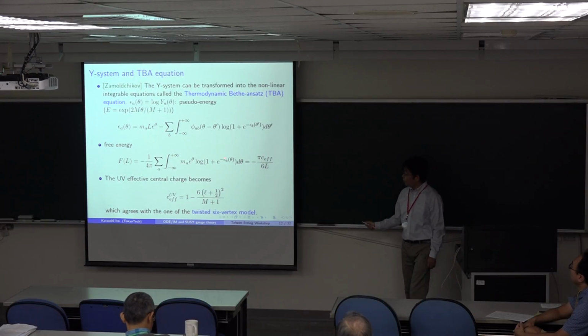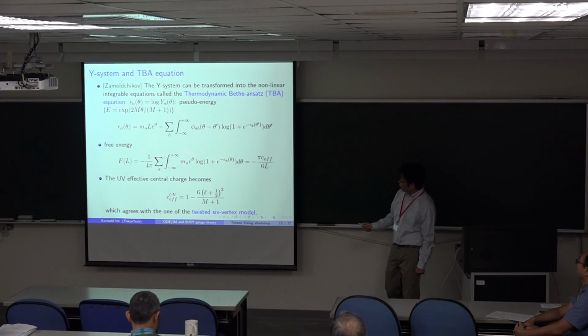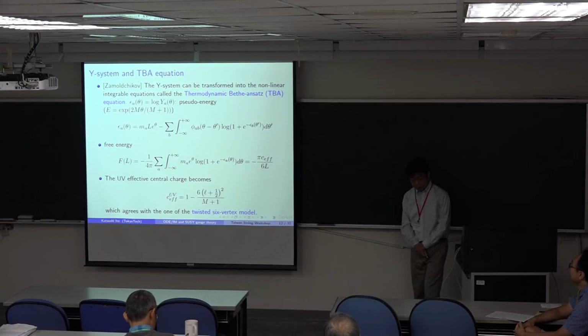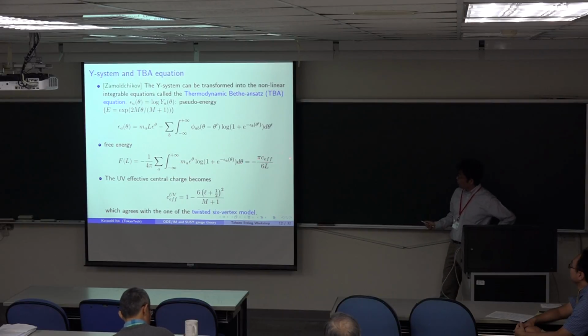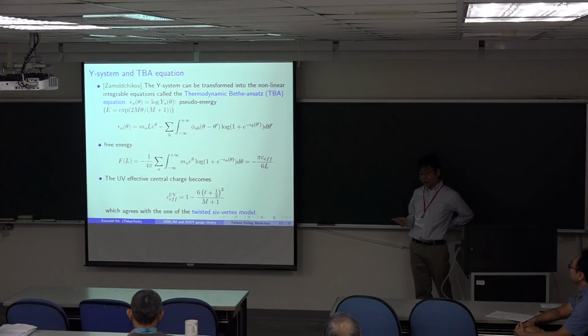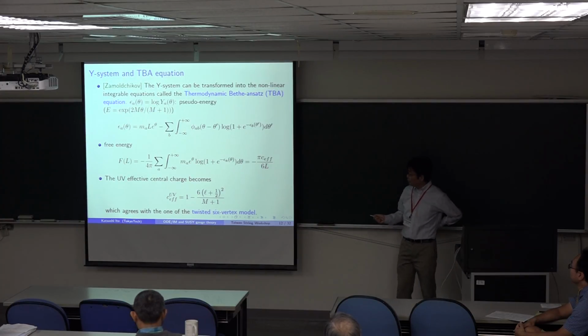And we can estimate the free energy by averaging this, which is some momentum of the energy, and this is some distribution of the energy. So this is the free energy of the model, and we can estimate the effective central charge, for example, by taking the UV limit of the model, where L is pointing.